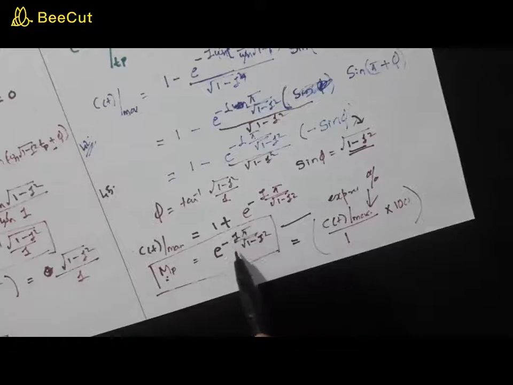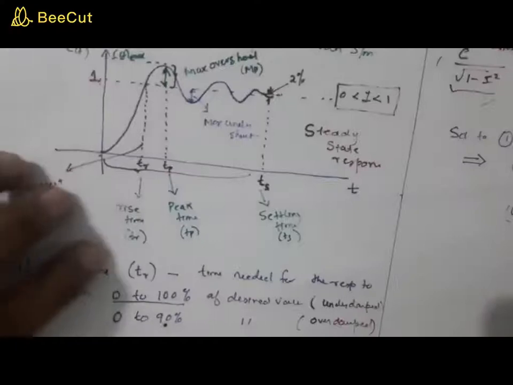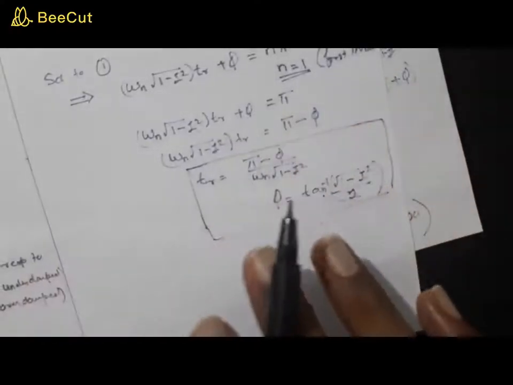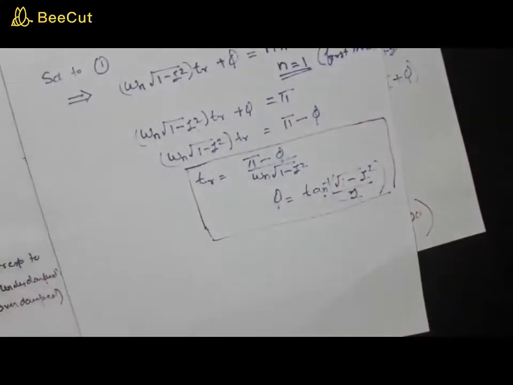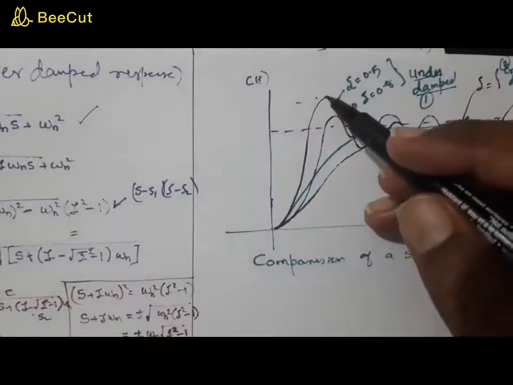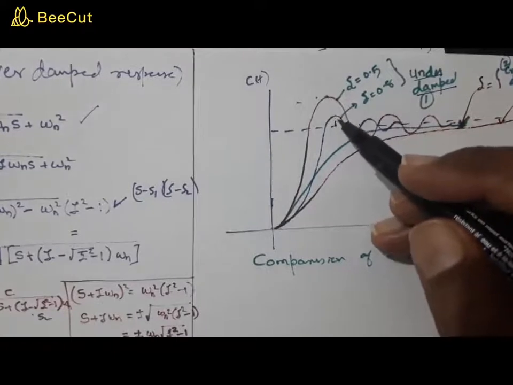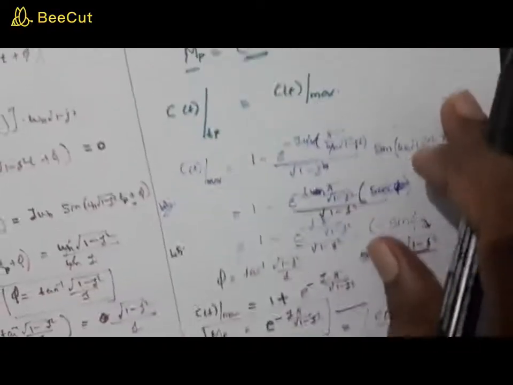That means this becomes a higher quantity. So, e raised to minus a higher quantity means it reduces to 0. That's what we see in the comparison we did in the previous video. Look at this. At low theta the maximum overshoot is high, right? As theta increases, the maximum overshoot reduces. And you get that from this equation, right?